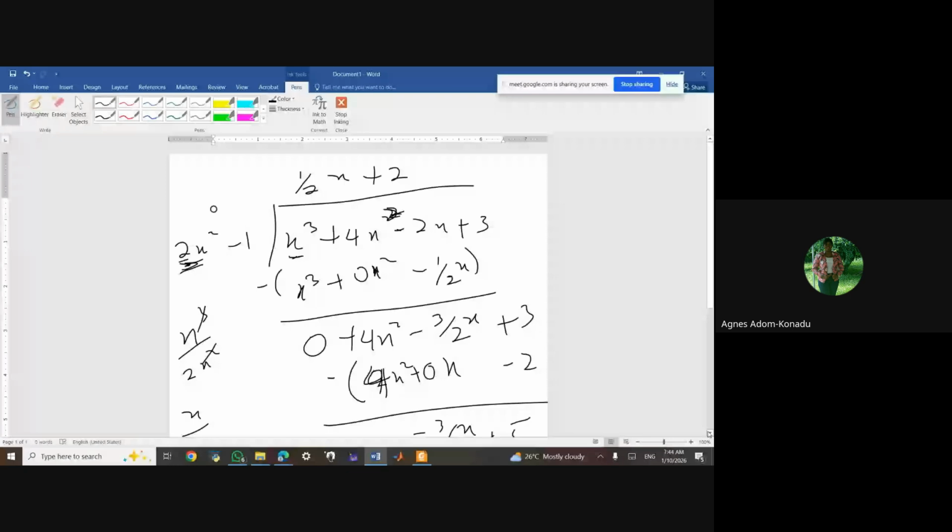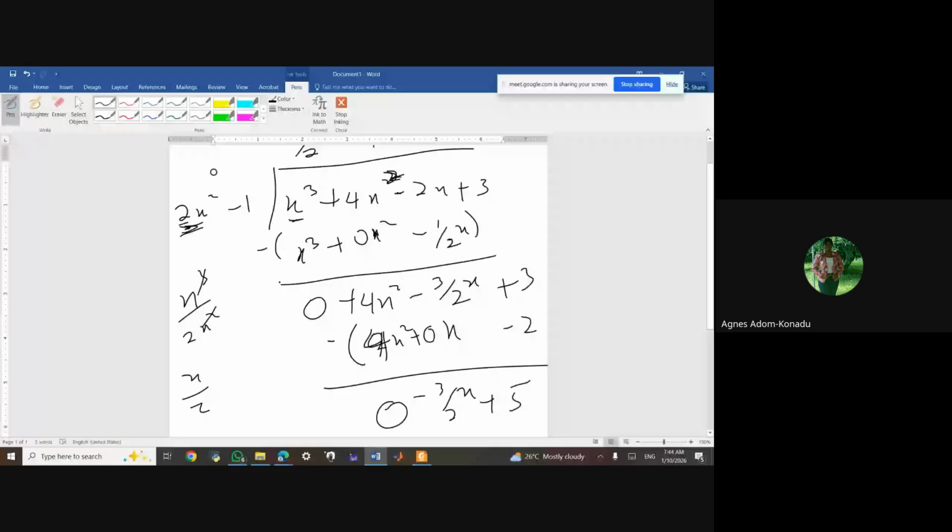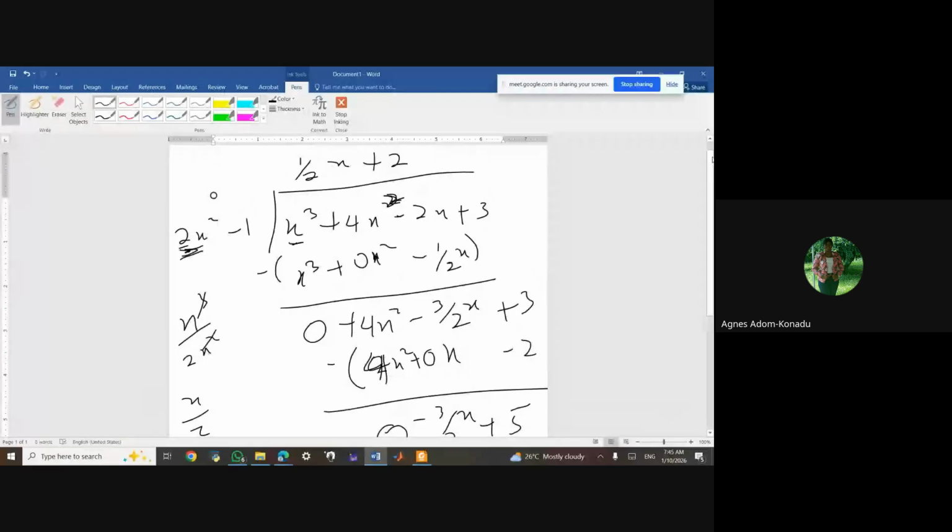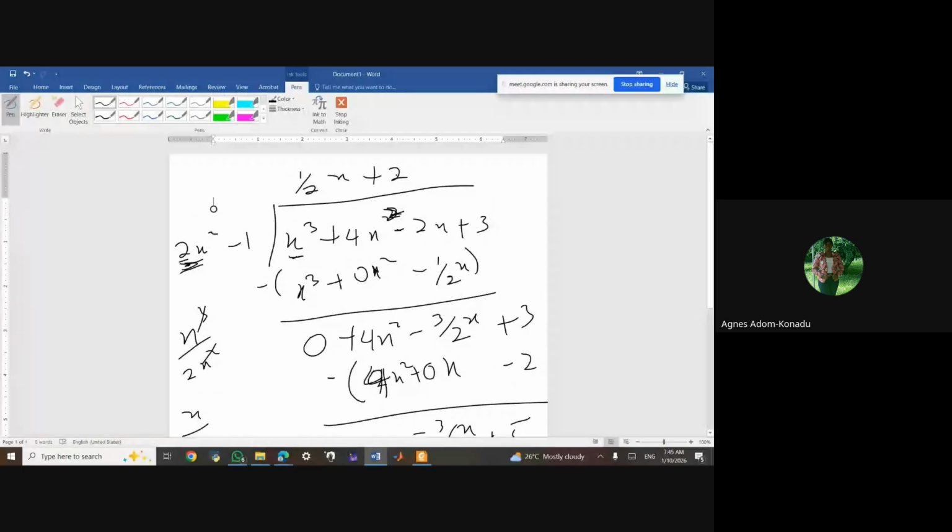After that, I'll just bring this line here. Then I will divide the 4x squared by the 2x squared. When you divide 4x squared by 2x squared, you are going to get 2. So that's how come we have 2 here.